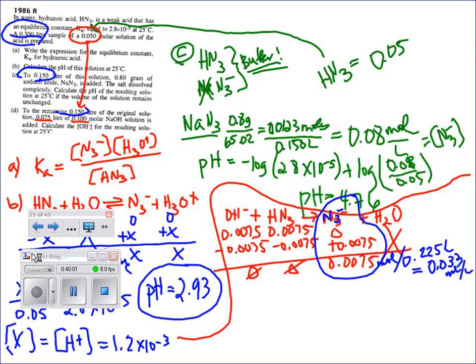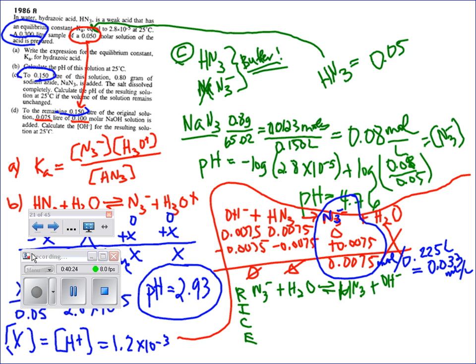So now I start a flipping ICE table. This is why I don't like this problem so long, and I'm going to have to write microscopic to fit it on the screen. I'm going to rush through this because of the bell that's about to hit. N3 minus plus water gives us HN3 plus OH minus.